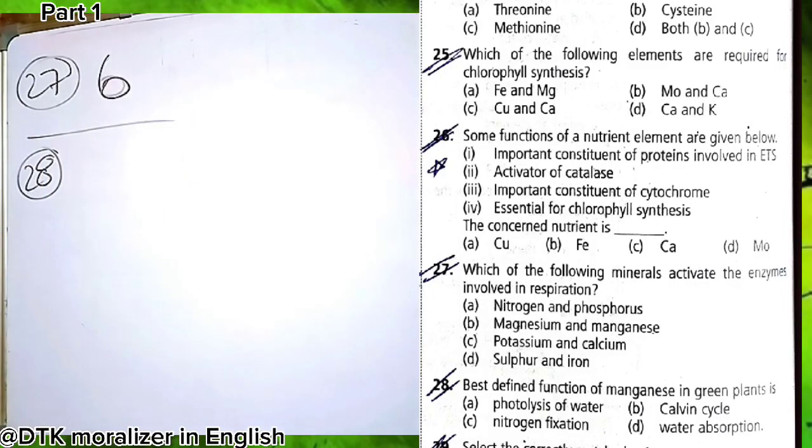Now, question number 28. Best defined function of manganese in green plants is: photolysis of water, Calvin cycle, nitrogen fixation, water absorption. Photolysis of water, manganese.